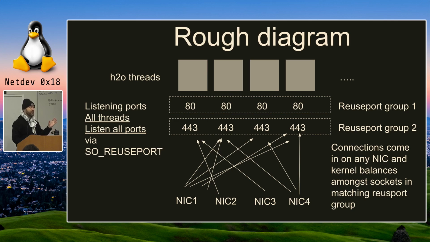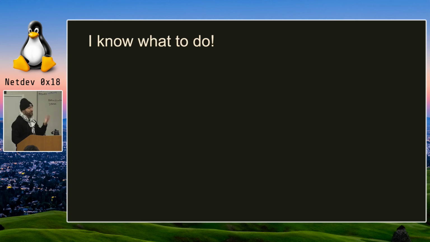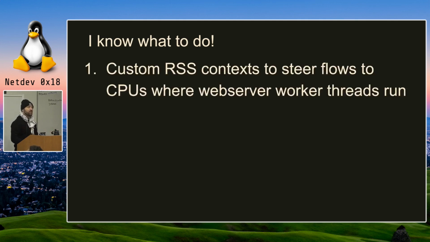And what I was trying to do is change the system from working like this to working differently. I saw this and I was like, okay, I know what to do. And maybe a lot of you were thinking this too. This is really easy, right? Step 1, create a custom RSS context. Steer flows to CPUs where web server worker threads run. That's pretty easy.